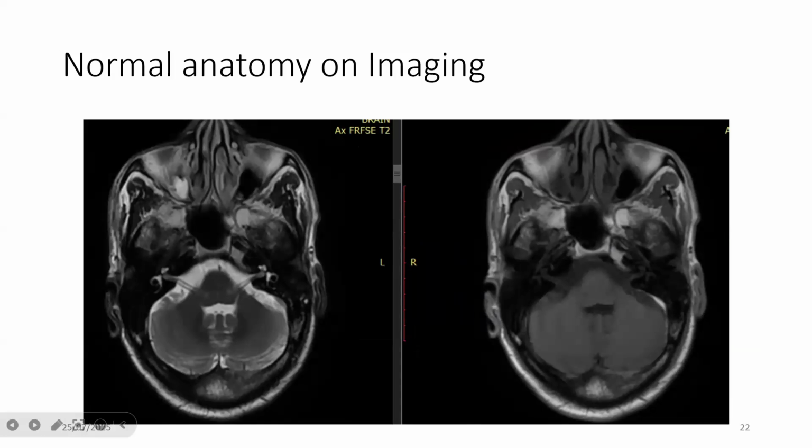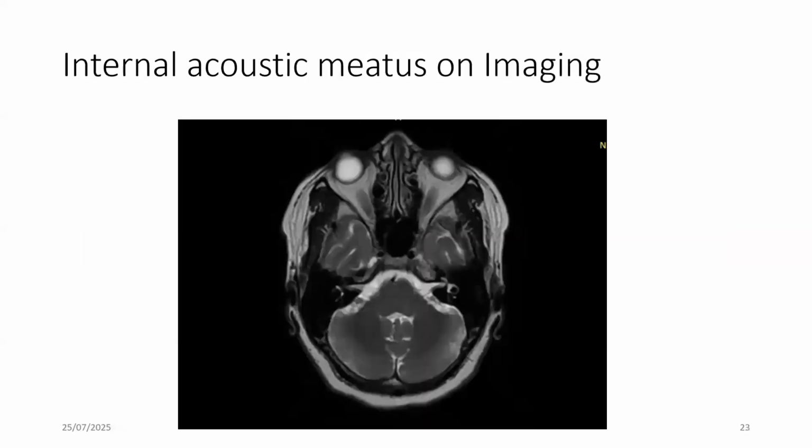These two isodense structures are cranial nerve 7 and cranial nerve 8 on their way to the internal acoustic meatus. It's best appreciated on T2, while on T1 one could not really appreciate it very well. This image highlights the internal acoustic meatus, as it can be seen clearly here.